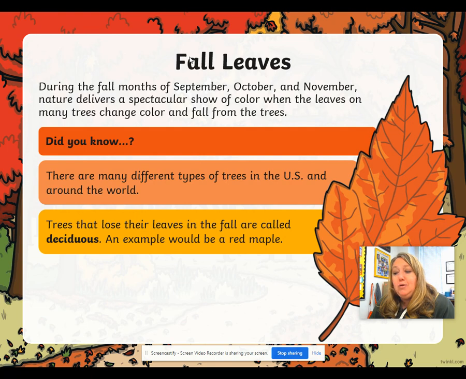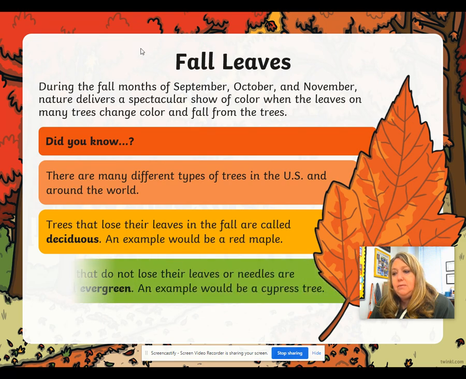Trees that lose their leaves in the fall are called deciduous. An example of a deciduous tree would be a red maple. Trees that do not lose their leaves or needles are called evergreen trees. An example would be a cypress tree.